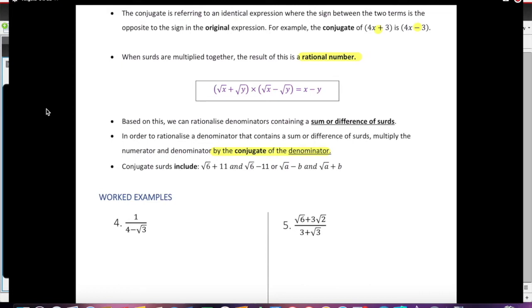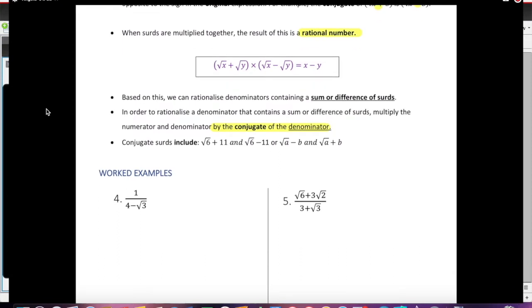If we take a look at the first example, I've got 1 divided by 4 minus root 3. To rationalize it, I'm going to write the conjugate of the denominator. The conjugate of 4 minus root 3 is 4 plus root 3.